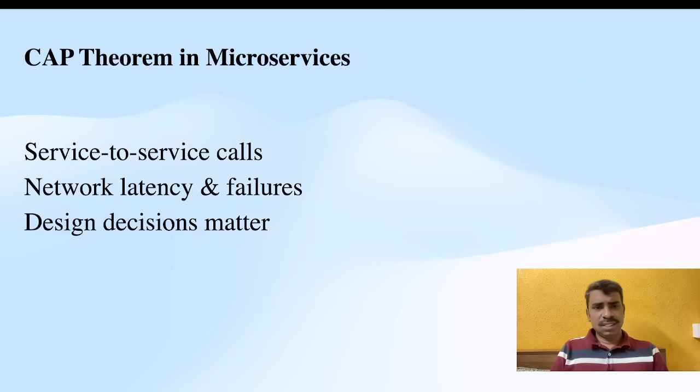In these scenarios we can choose consistency or availability based on our services. And with network latency and failures also we can decide C or A. These are all design decisions, based on our feature and how important the service is.